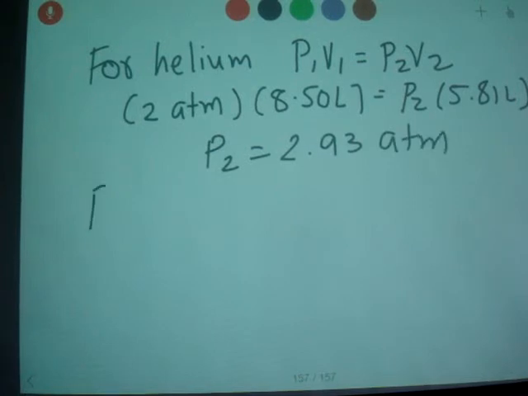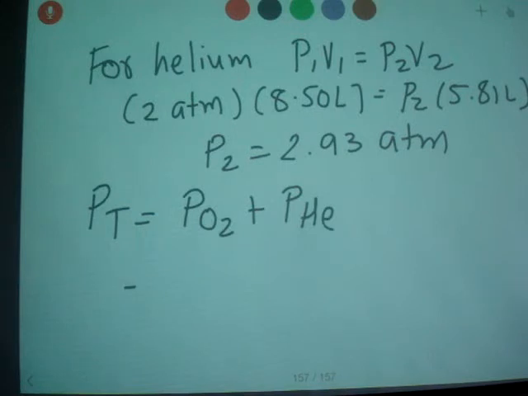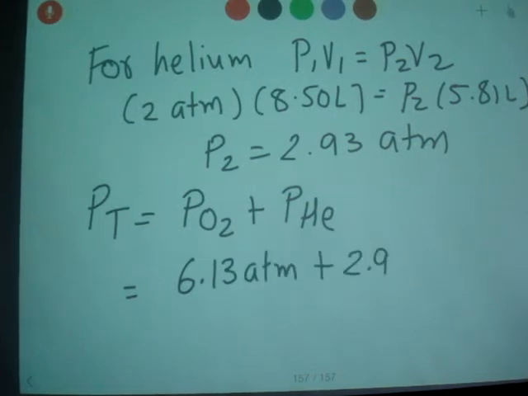Now we need to find P total. In that tank we have the partial pressure of oxygen and the partial pressure of helium. We calculated 6.13 atmosphere for oxygen and 2.93 atmosphere for helium.